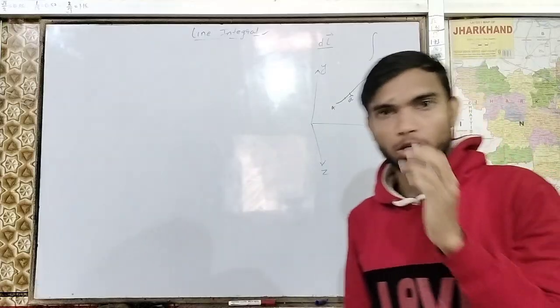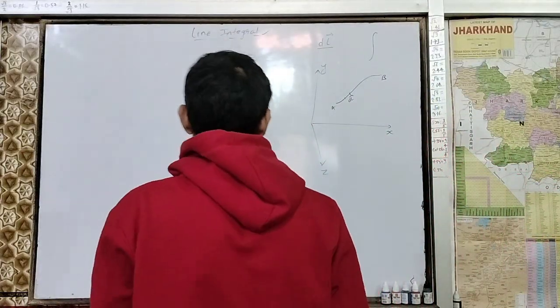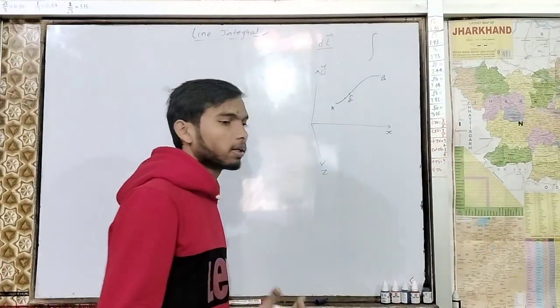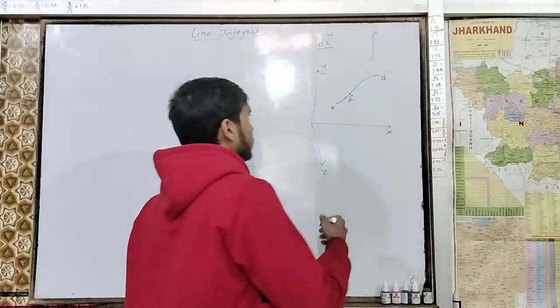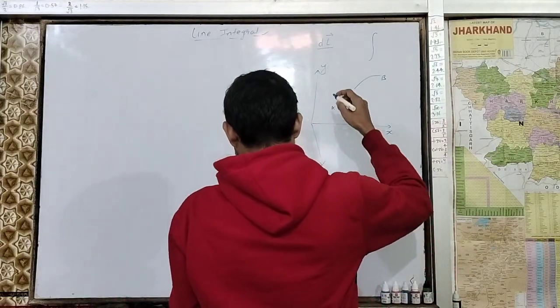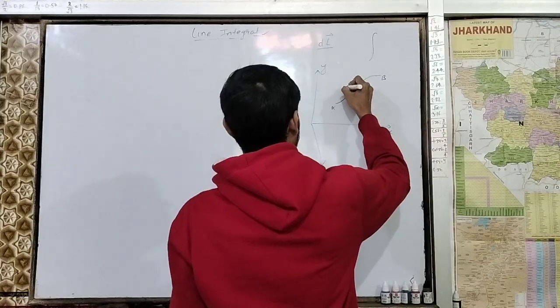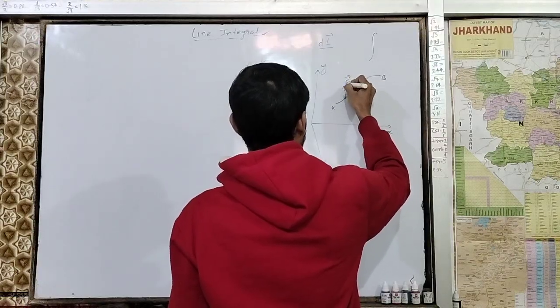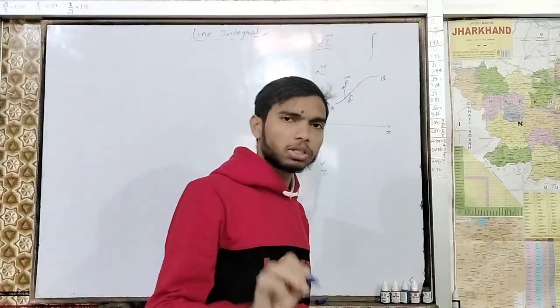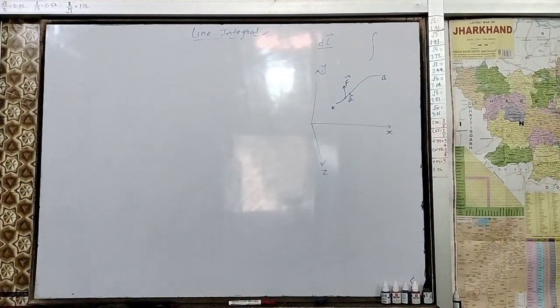So of course it depends on position. That's why we need to take a position vector, that can be F. Right now, we are just considering F as a position vector.